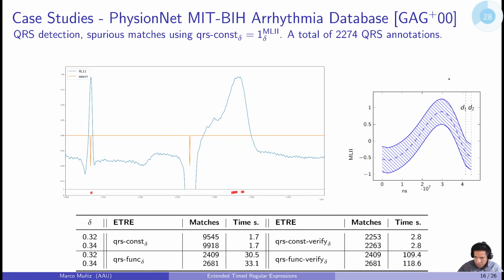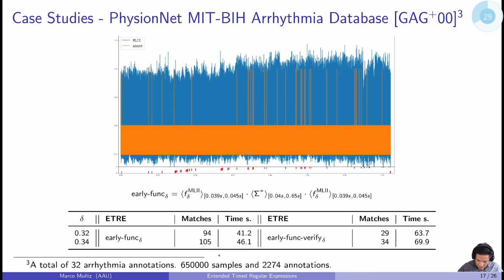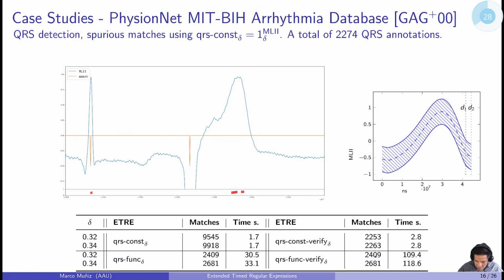If we do a matching using the polynomial, we see that we have much less repetitions, only 2,400. There are still some repetitions, and we can say that we have matched all of the medical doctor annotations, but with some repetitions.